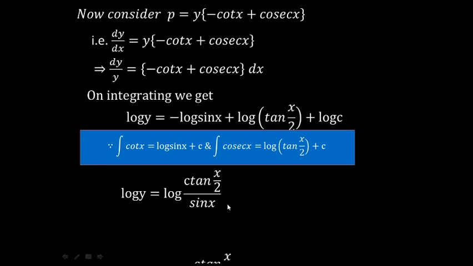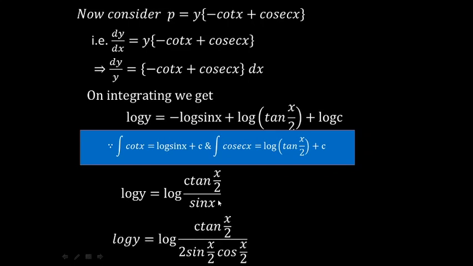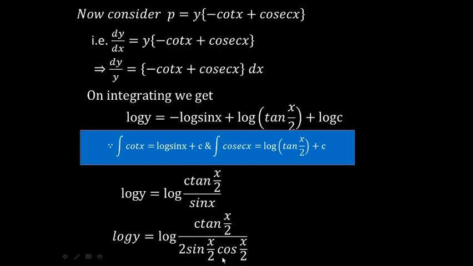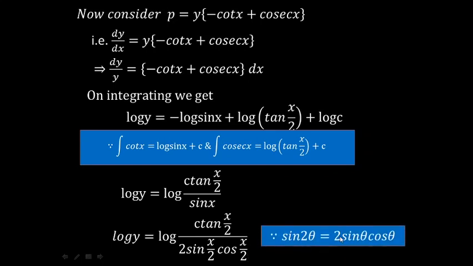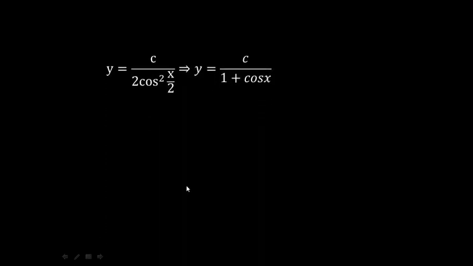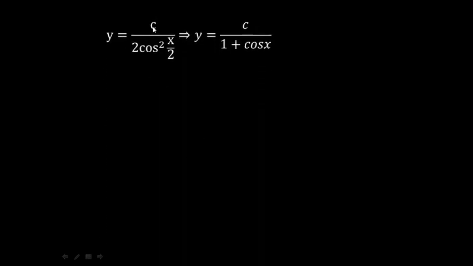Now here we will further express sin x as 2 sin x by 2 cos x by 2 by making use of the formula sin 2 theta is equal to 2 sin theta cos theta. Here you will find some cancellation, and sin x gets cancelled. At the same time we take the anti-log also, so log gets cancelled.